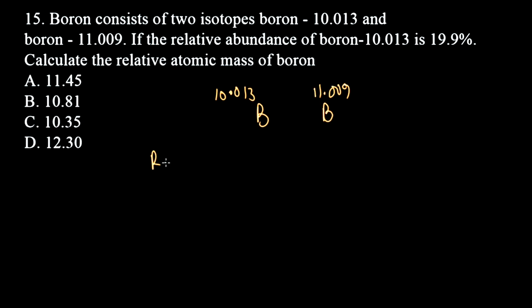So the relative atomic mass is not given here, but we have that the relative abundance of this is 19.9%. So this will become 100 minus 19.9%.